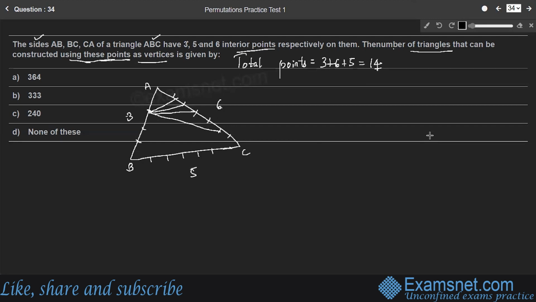You can form a triangle. Consider 1 point from AB, another point from BC, and one more point from AC, you can form a triangle. Like this, how many triangles can be formed? You have to calculate now.